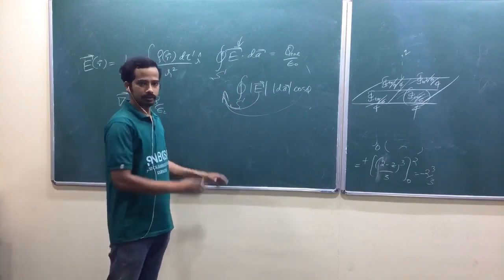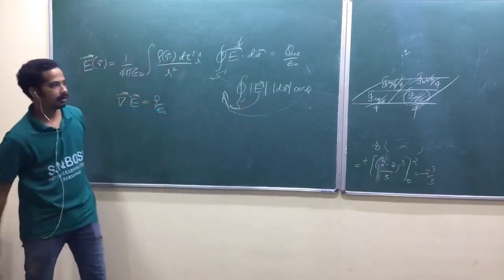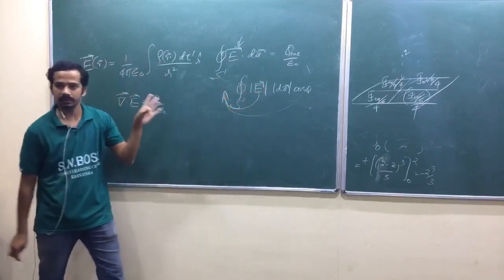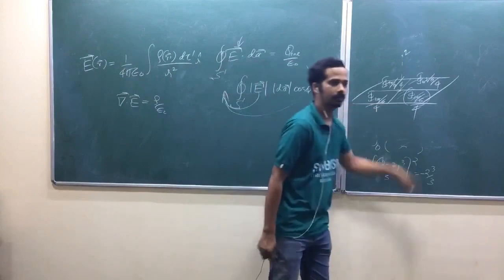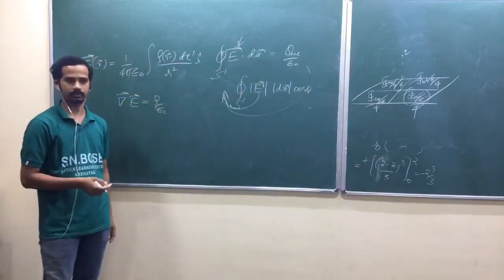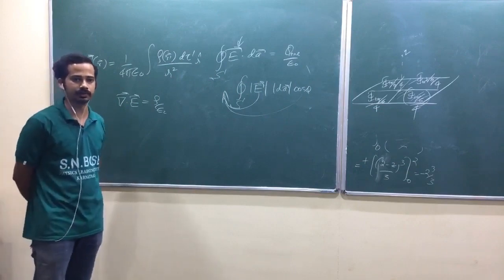Only symmetry will allow us to take that electric field outside. Think over it, okay? We followed a similar idea here, isn't it? We run our surface symmetrically about the charge so that we can find the fraction of the flux.